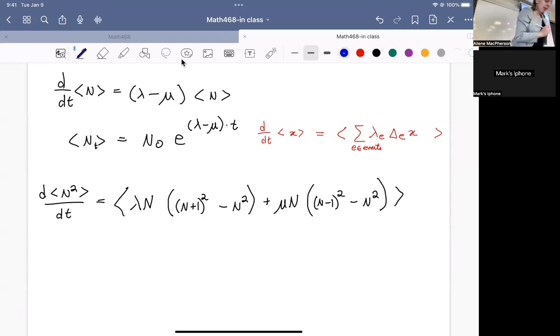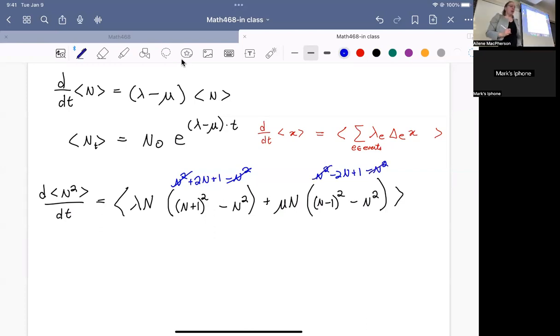All right, so just like we did above, we have to expand and simplify and separate things into terms before we can use our expectation rules. So let's simplify this. This is n squared plus 2n plus 1 minus n squared. So it ends up being 2n plus 1. And then we have n squared minus 2n plus 1 minus n squared.